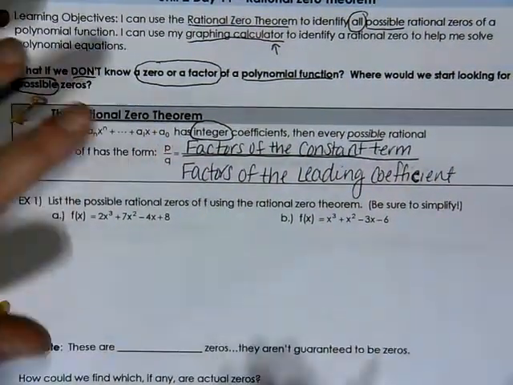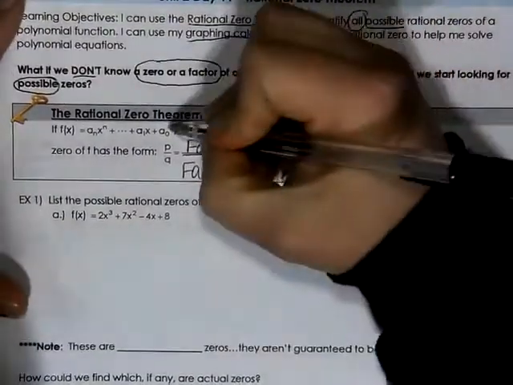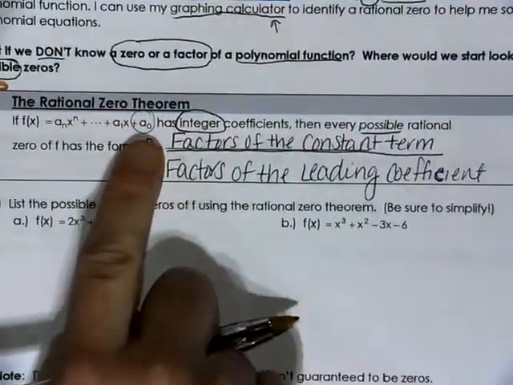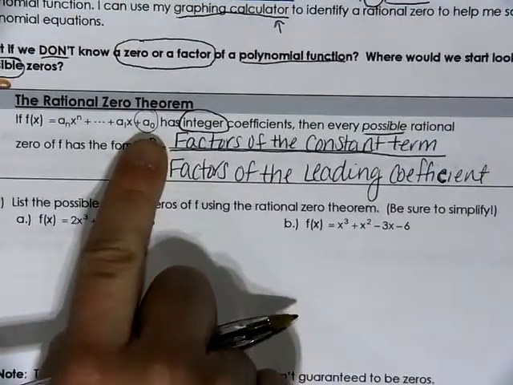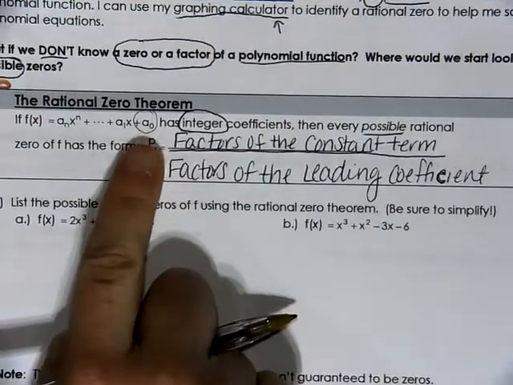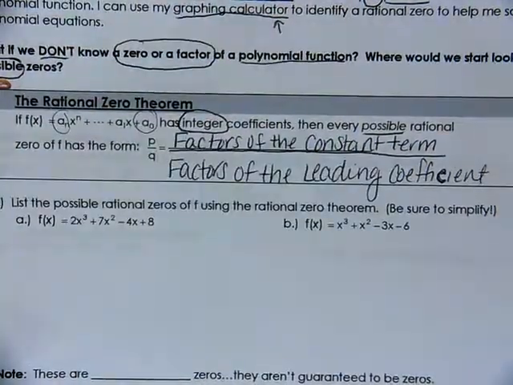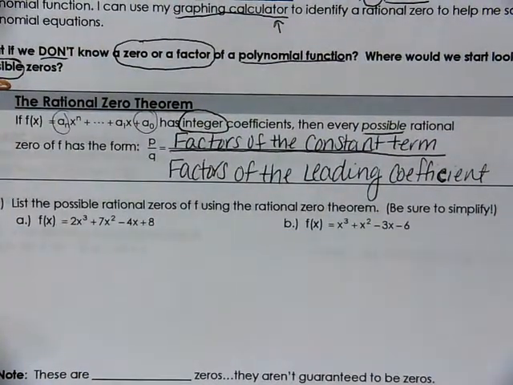So it's the factors of your constant term, which is the last number of your polynomial. It's the term that does not have an x next to it. And your leading coefficient is the number in front of the variable with the highest degree.